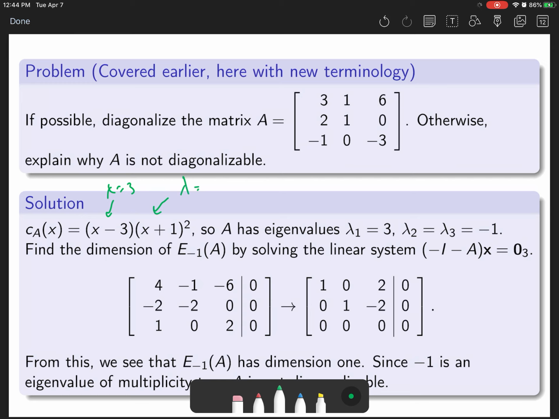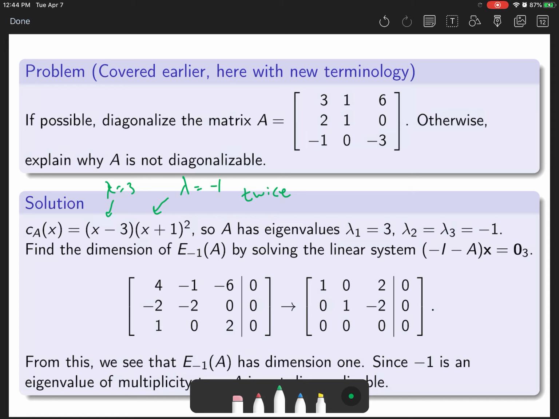Here's lambda equals -1 twice. We would be able to find an eigenvector for lambda equals 3. That's no problem. That is a distinct eigenvalue. But for the repeated eigenvalue, -1, we have to work and see, do we have a two-dimensional eigenspace associated with that?